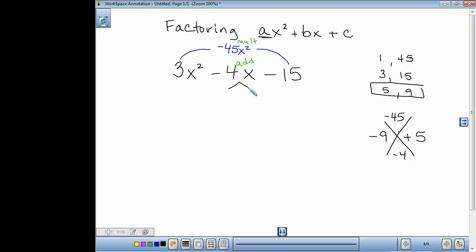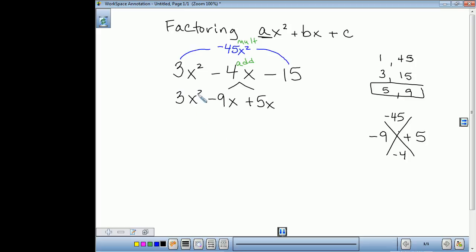Now, did your teachers call this term splitting? Yes. Okay, what we do is we take this middle term and we split it into these two things, because negative 9x times positive 5x is negative 45x squared, and negative 9x plus 5x is negative 4x.